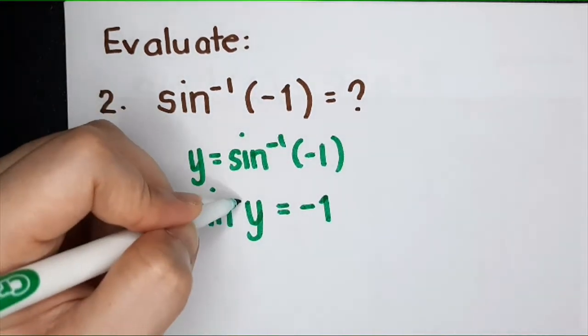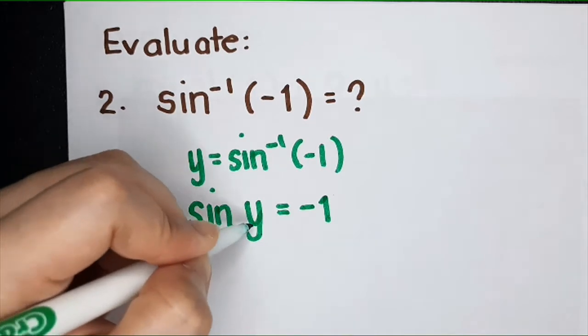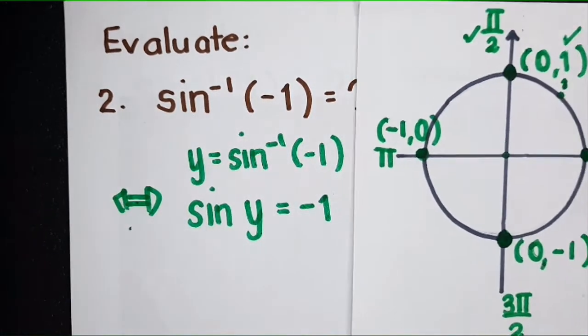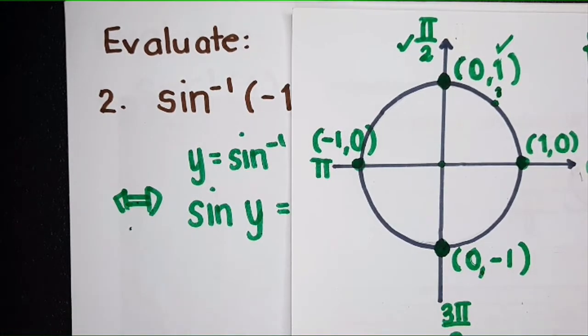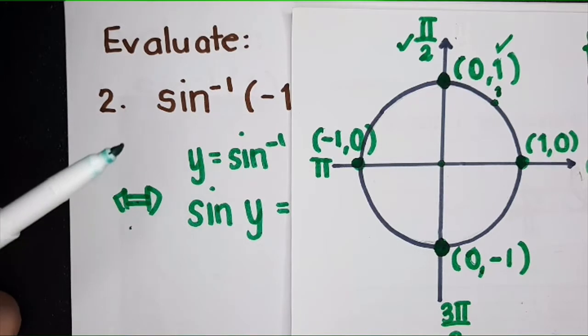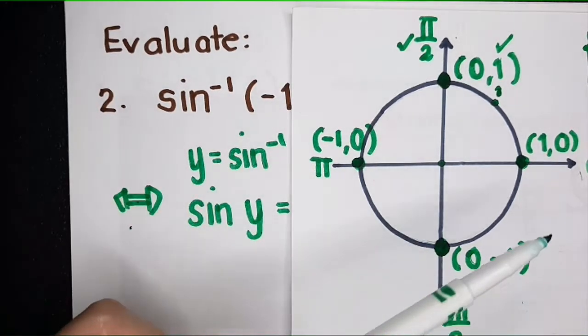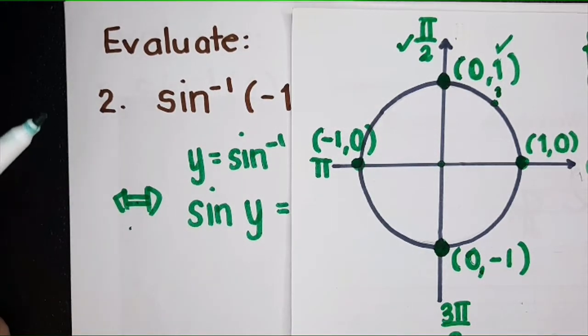So, ganun ulit. Hahanap kayo ng angle measure na kapag kinuha ang sine niyan, equal yun sa negative 1. Kapag binalikan ulit natin ito, yung unit circle natin, and we know that yung sine theta is the y-coordinate, hanap lang kayo dyan ng y-coordinate na equal sa negative 1.